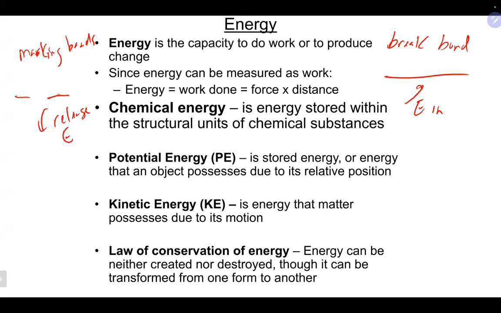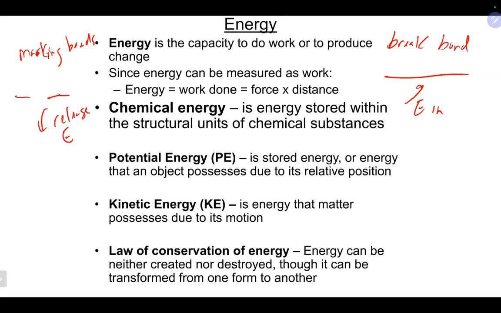There's also potential energy, which is the energy due to the position of an object. The classic example is the big giant boulder on top of the hill that's ready to fall off. That boulder possesses a certain amount of potential energy. When it actually does start to fall off, it will transfer to kinetic energy, which is the energy due to motion.